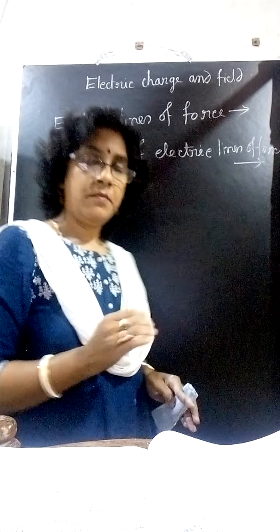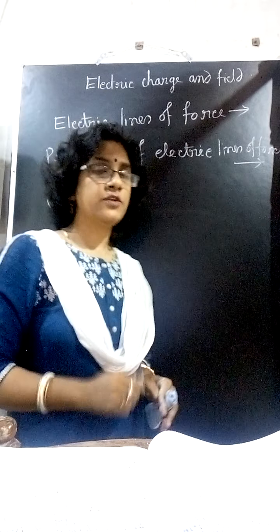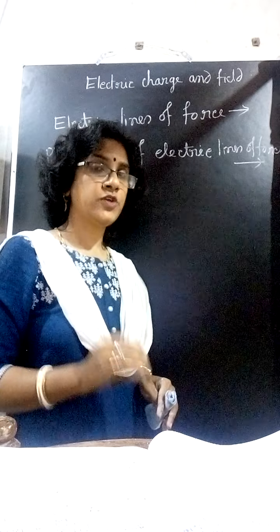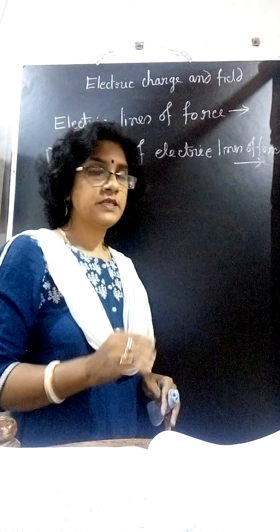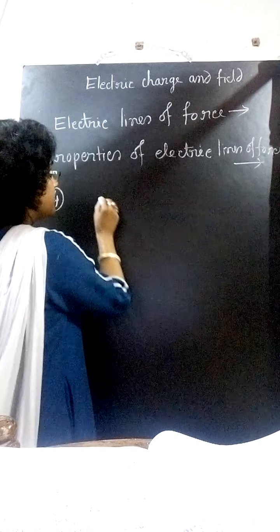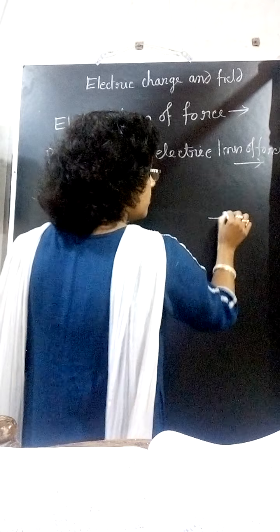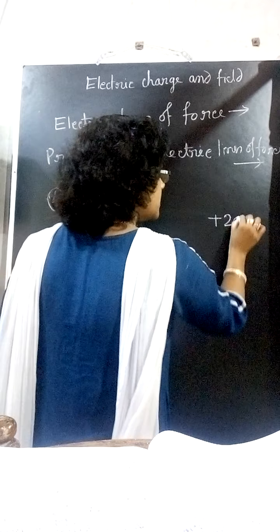Point number four. The number of electric lines of force is directly proportional to the magnitude of the electric charge. Suppose there is one plus Q charge and another charge is plus 2Q charge.